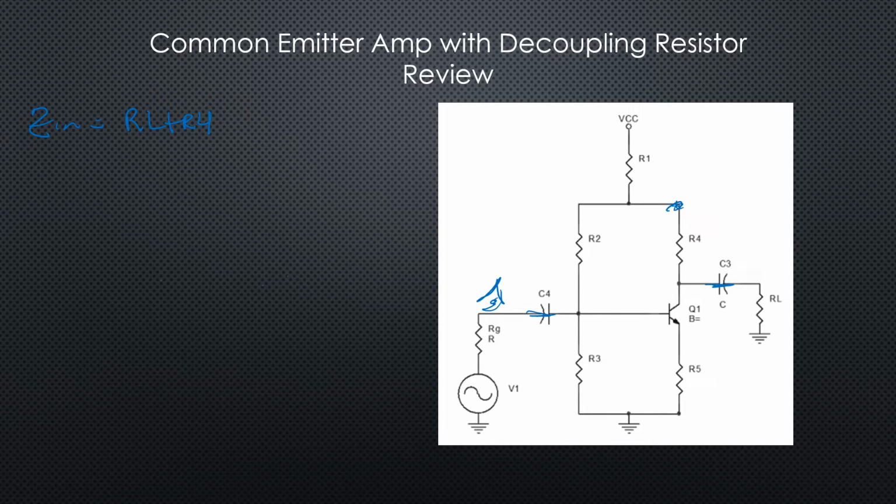In this corner now we can see that we're in parallel. That is in parallel with R1, which is in series now with R2. That gets us to right here, in between there.